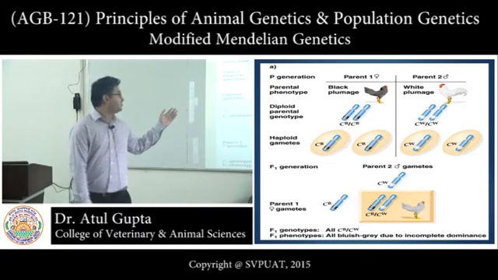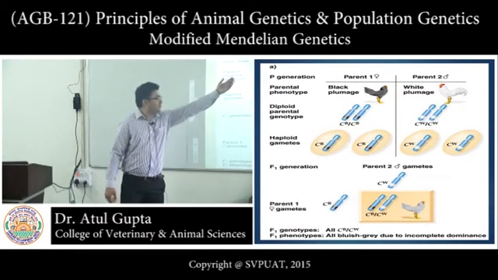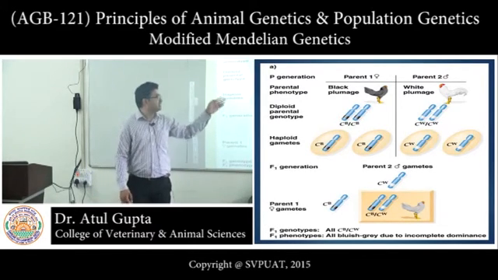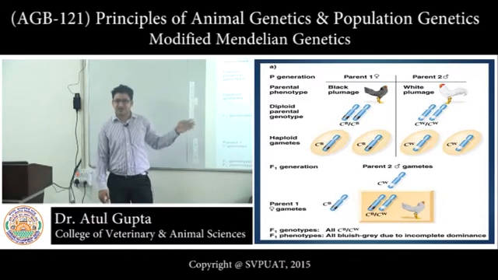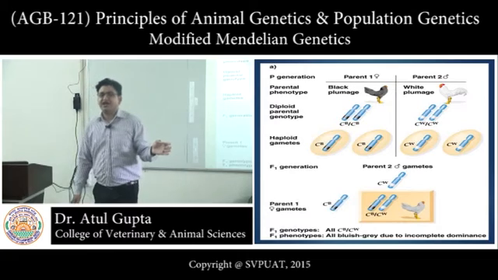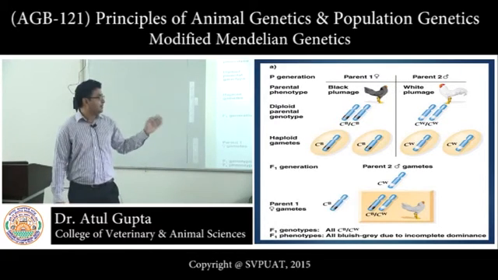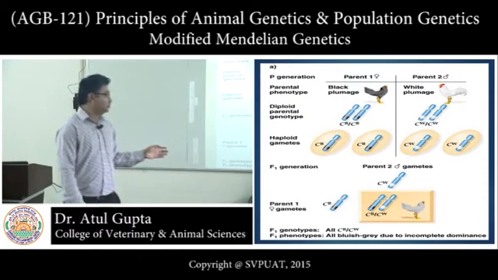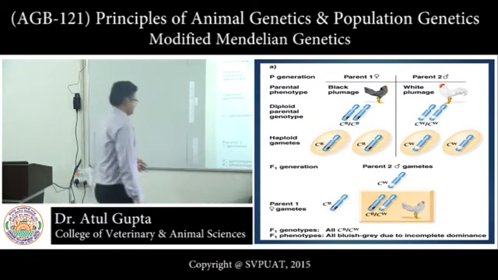In this picture, parent 1, the black plumaged female, is crossed with a white plumaged male. In the F1 generation, we will have bluish gray plumaged individuals. That is due to incomplete dominance.